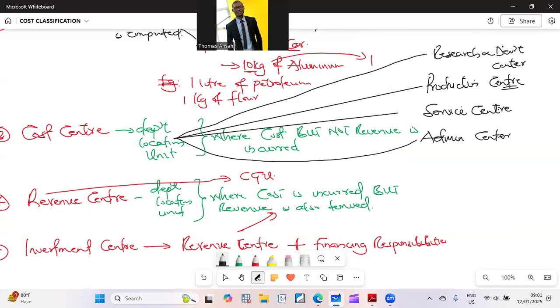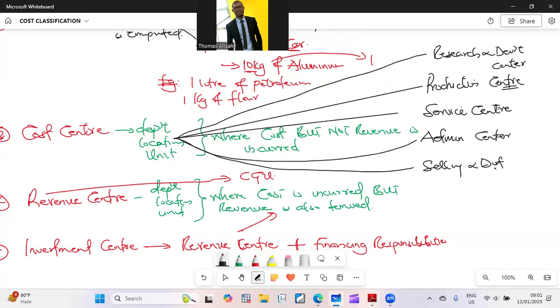And the marketing and distribution, the selling and distribution center. They help you to find customers, they deal with customers. Everything about customers is about them.